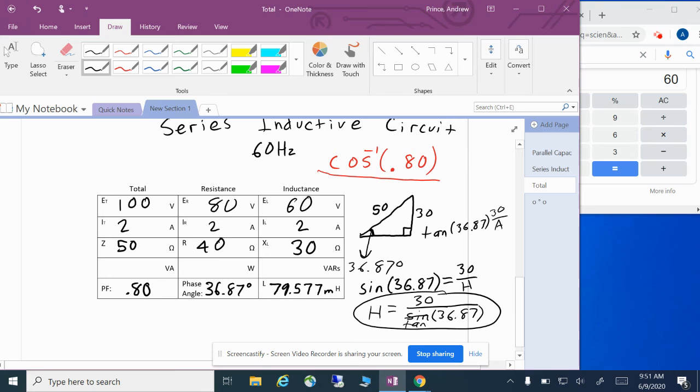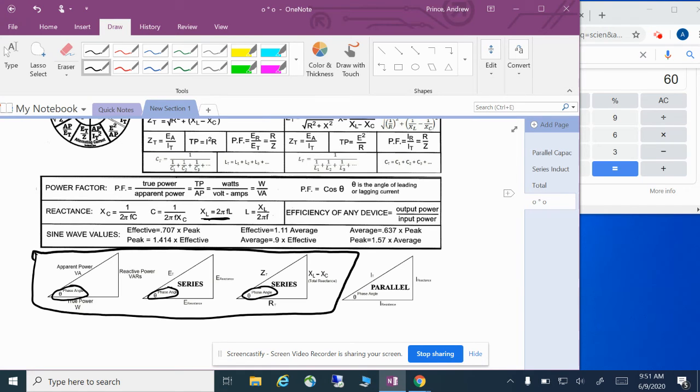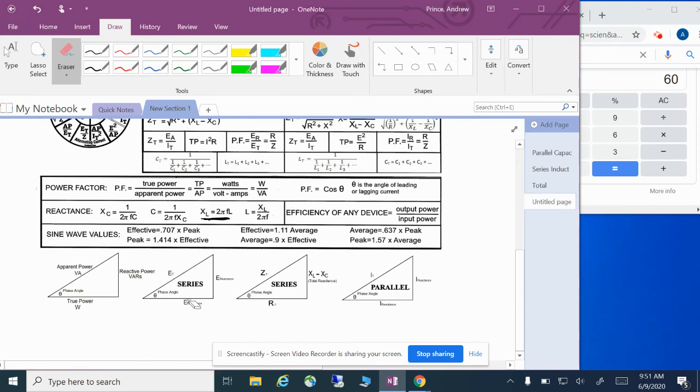Now that doesn't add up to our total voltage drop of 100, but remember, we're not looking at the DC anymore. So if we're looking at our trig triangle here, we could use Pythagorean theorem to check your work and make sure that the voltage drops that we got are true and that they do add up to the total voltage. And so let's see what that would look like.